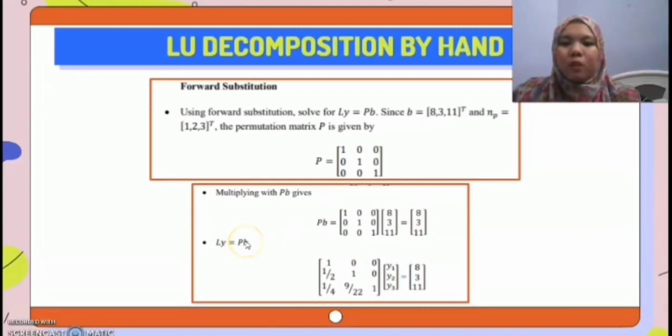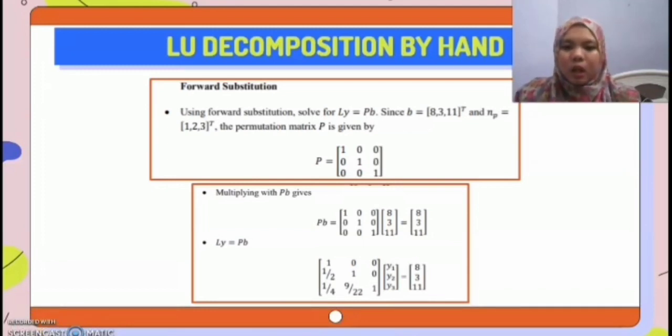Ly equal to Pb. So this is the lower triangular matrix, multiplied with matrix y, which is y1, y2 and y3, equal to the matrix Pb, 8, 3 and 11.